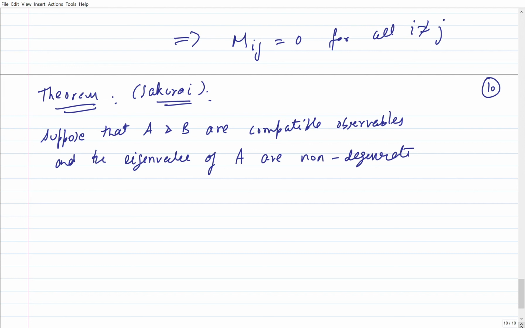Then the matrix elements, so these are the matrix elements of B, are all diagonal.